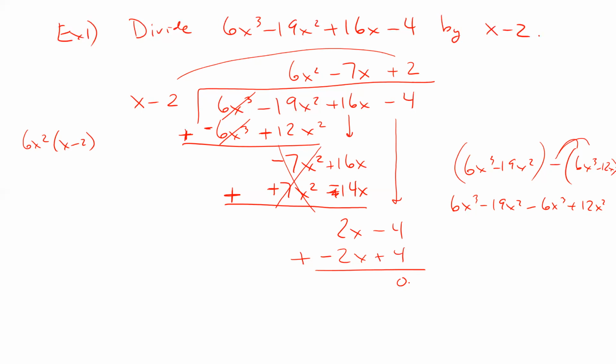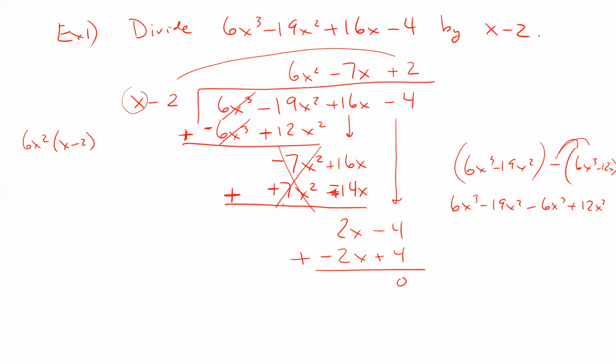Dylan, question? Guys, real quick here. So we multiply the terms by just x, but then how come later on we multiply them by x minus 2? The reason we're dividing by x is because this divisor was just x.